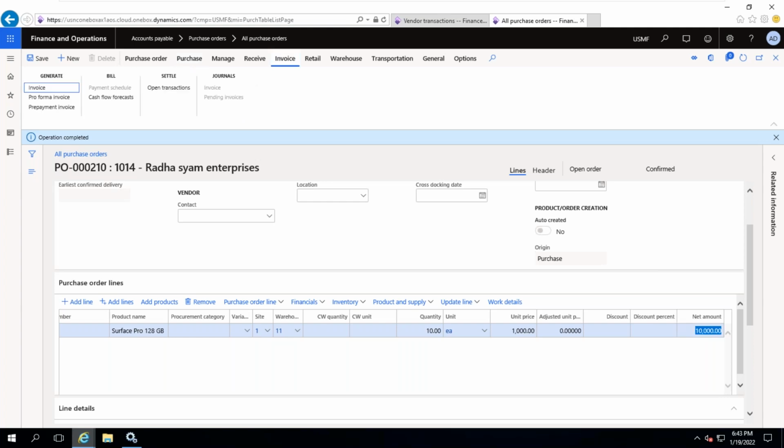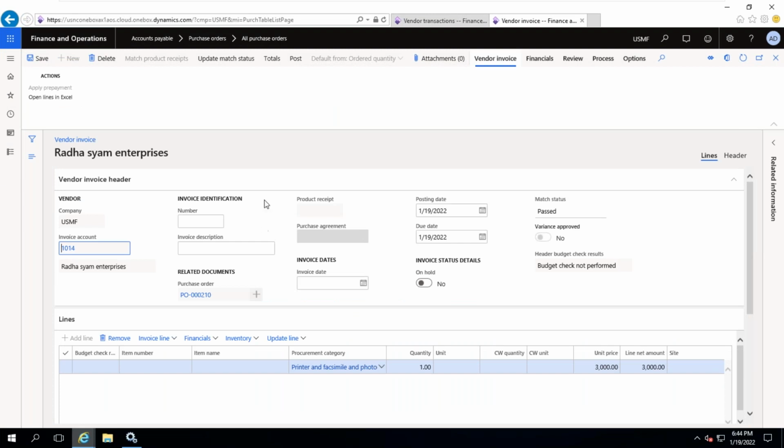Now I'm doing the invoice tab, generate area page, prepayment invoice button. You need to enter the invoice number and the invoice date.